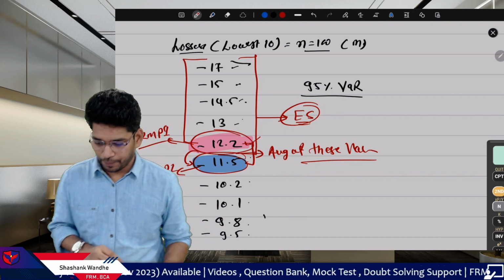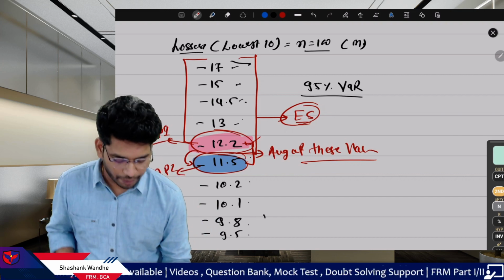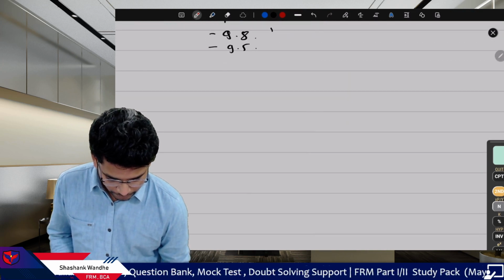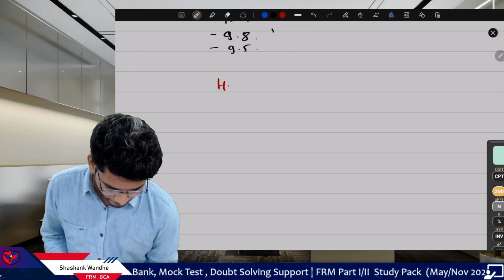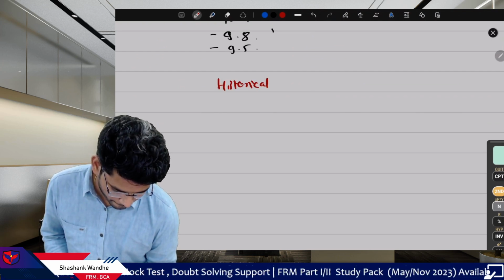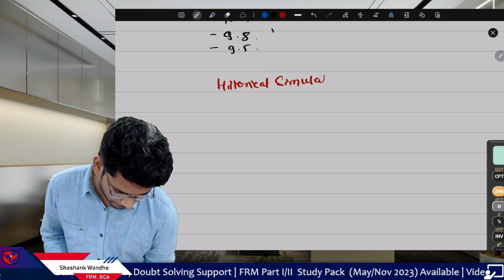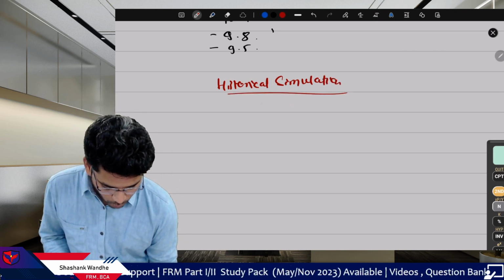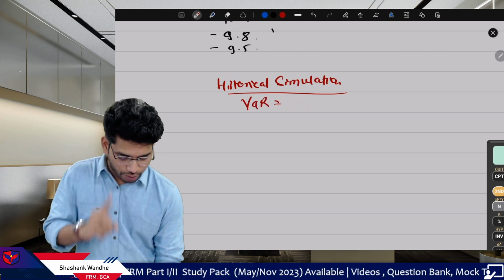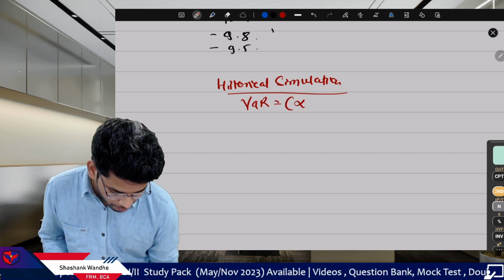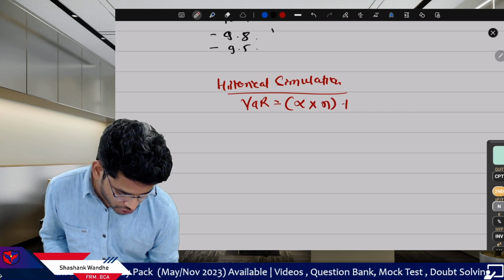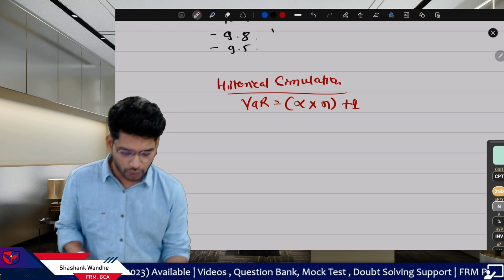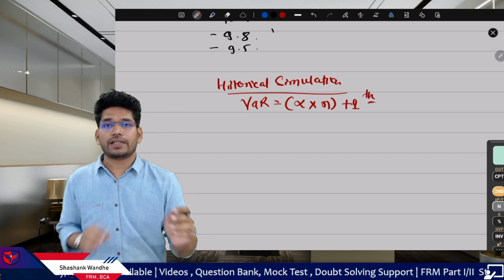In FRM part 2, the rule in historical simulation, remember we are discussing historical simulation here, is that value at risk is equal to the alpha multiplied by n plus 1 th value.